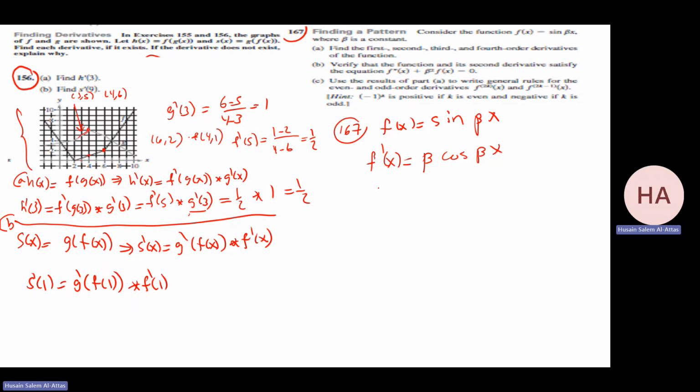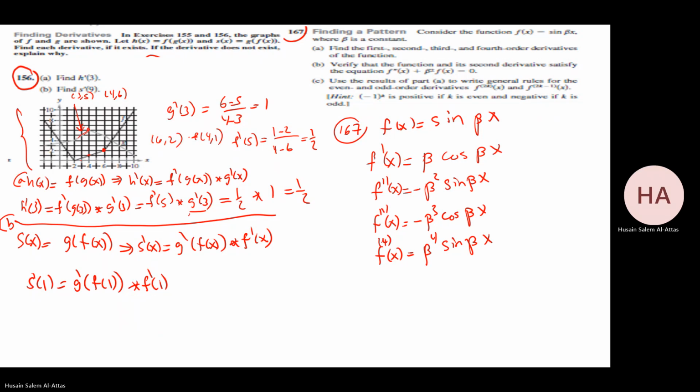F double prime is minus beta squared sine beta x. F triple prime is minus beta cubed cosine beta x. F fourth will be beta to the power 4 sine beta x.